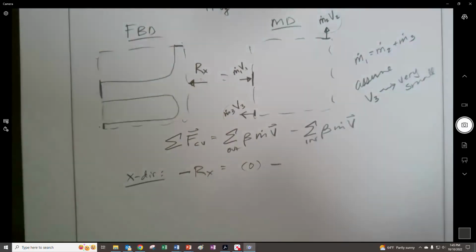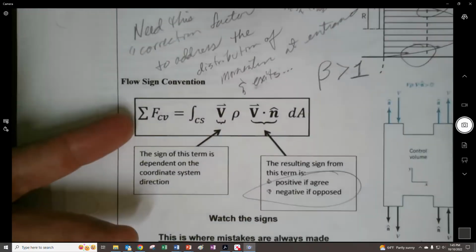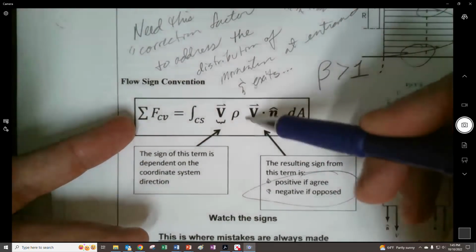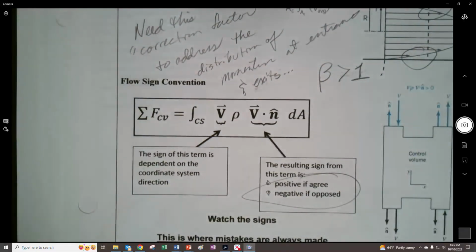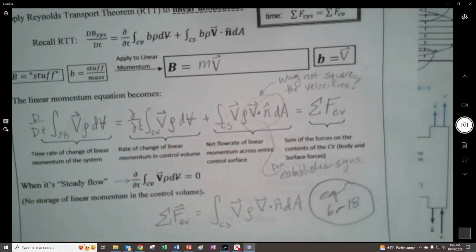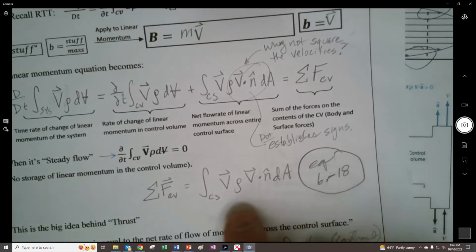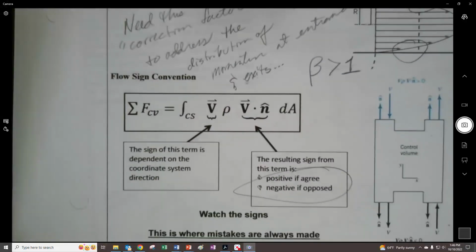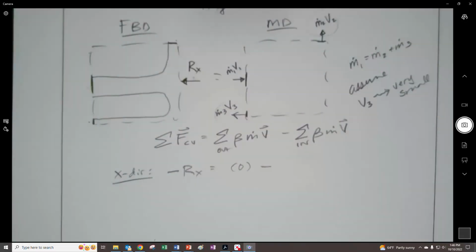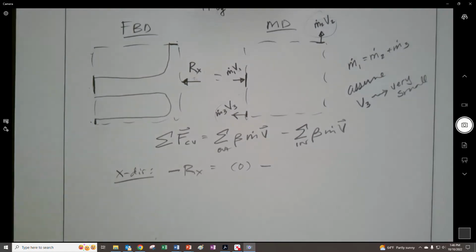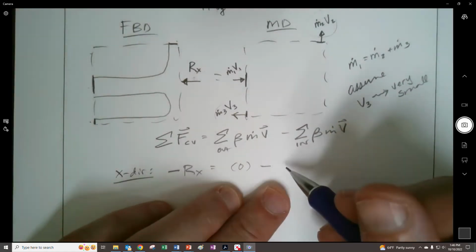We said this was our main equation right here, and this right here decided what the signs were going to be. That's equation 6.18 in our textbook. And that dot product is the one that made this a negative value. Okay, so just recalling why these signs happen.